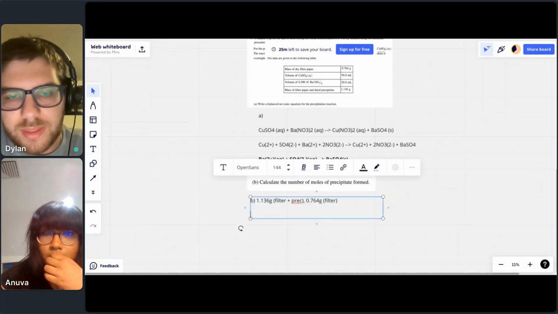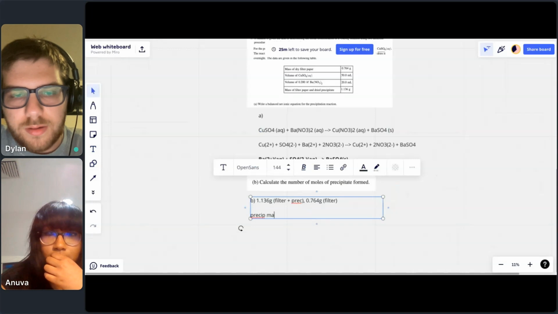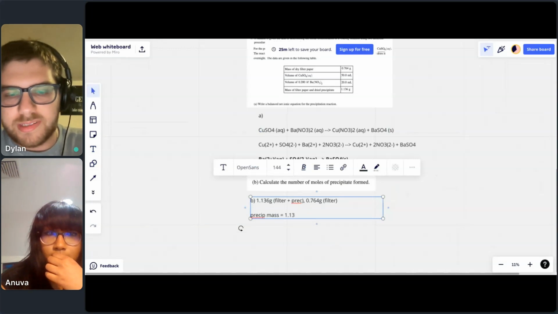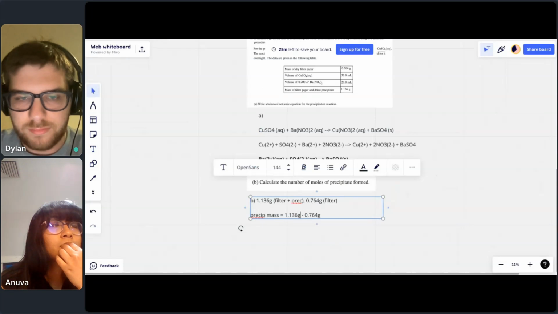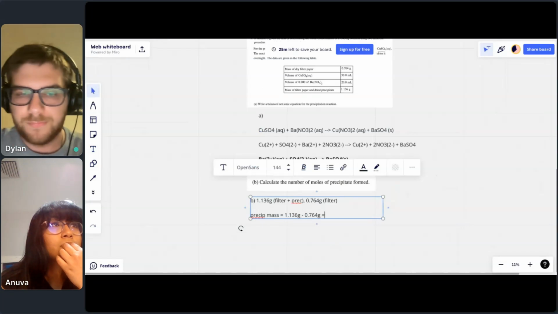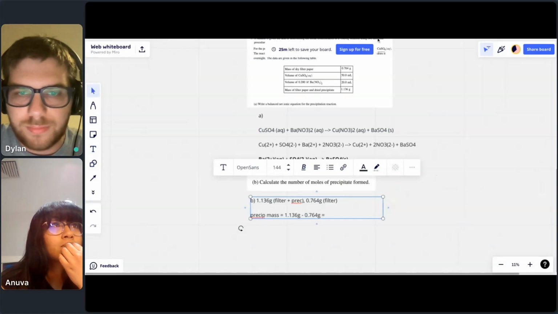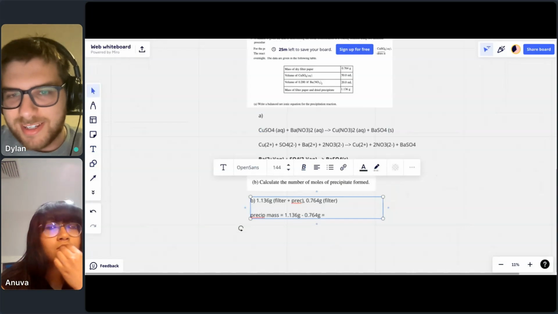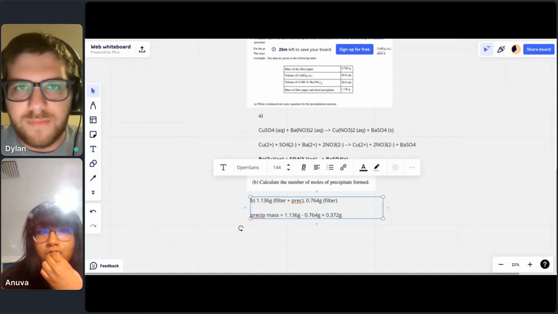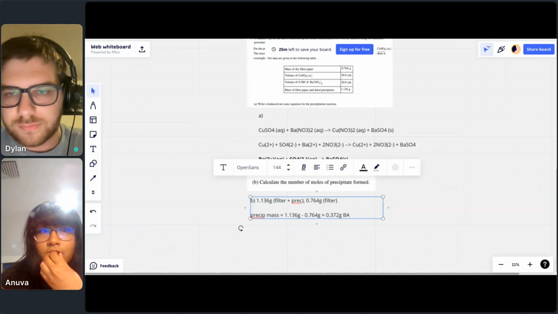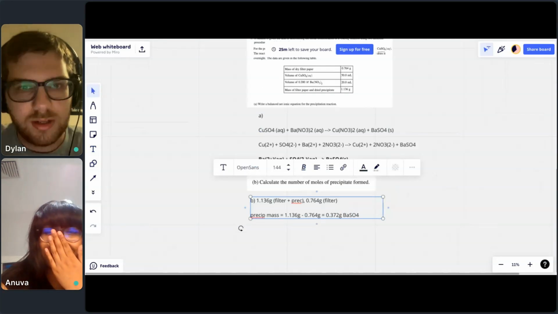So the precipitate is equal to 1.136 minus 0.764 grams, basically filter plus precipitate minus filter, which gives us a total mass of 0.372 grams of barium sulfate.